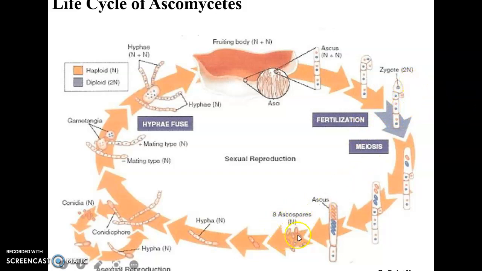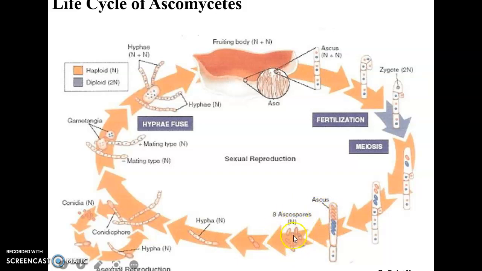Meiosis produces four ascospores within the ascus, and after that mitosis again leads to the formation of 8 ascospores.